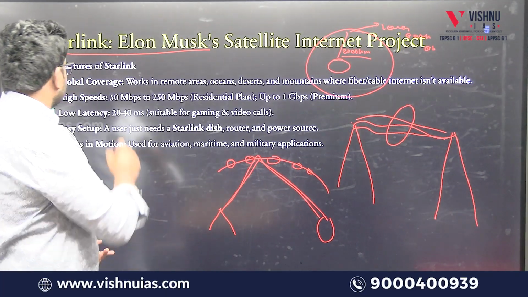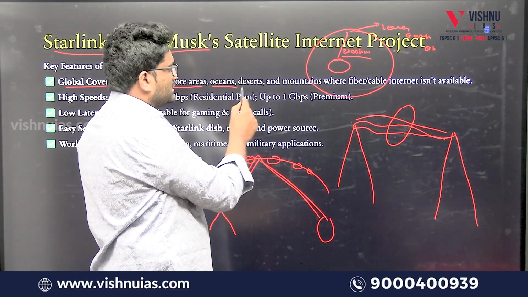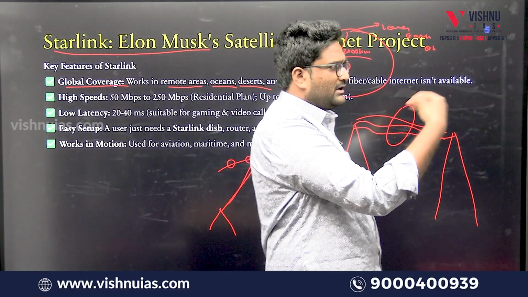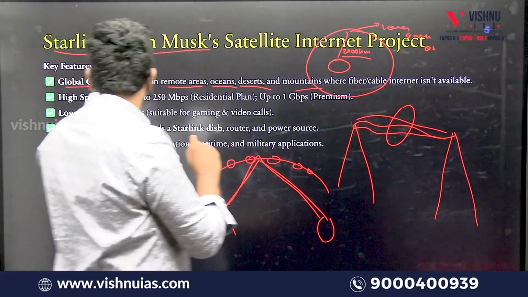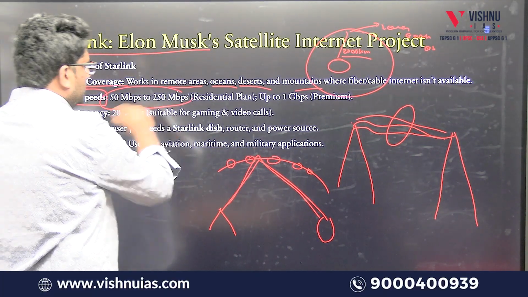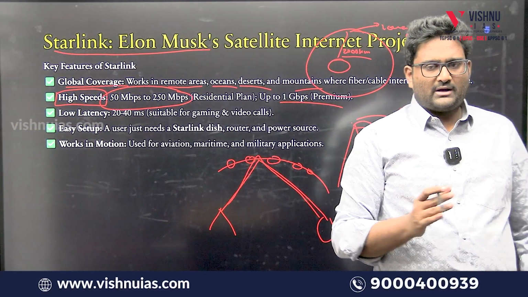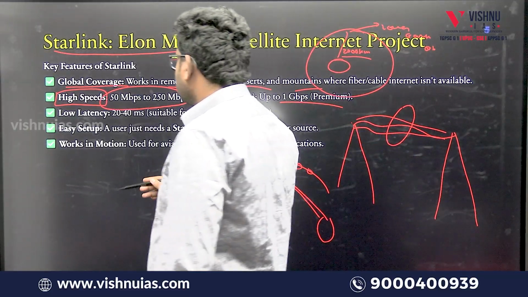The features of Starlink are global coverage, so it works in remote areas, even in oceans, deserts, and mountains where fiber cables are difficult to lay. It has very high speed, up to 250 Mbps to 1 Gbps. That is not an important value, but it is very fast. And it has low latency.